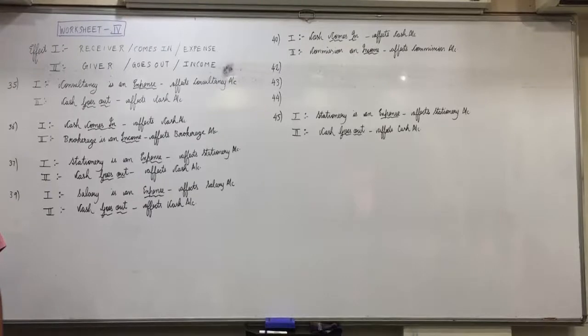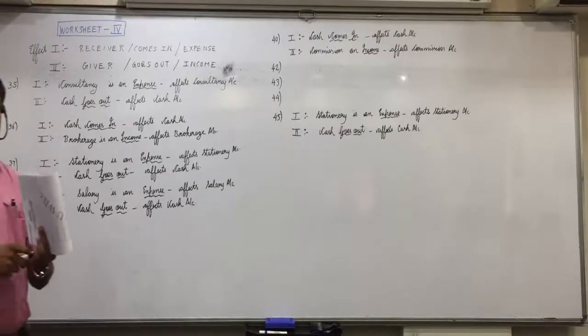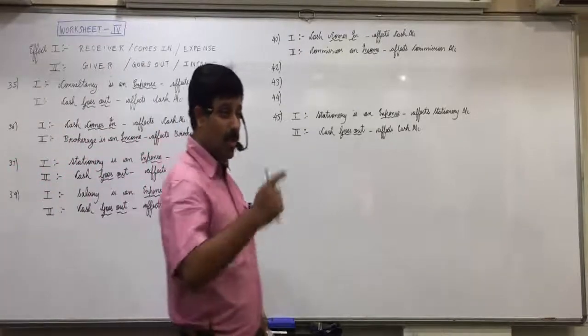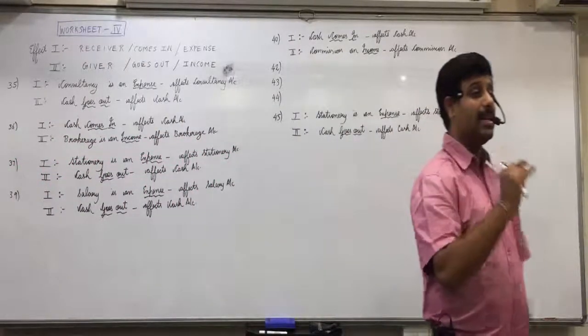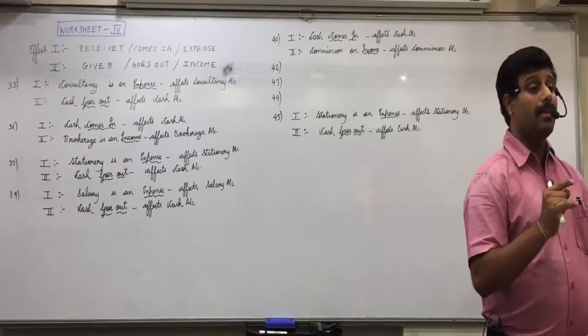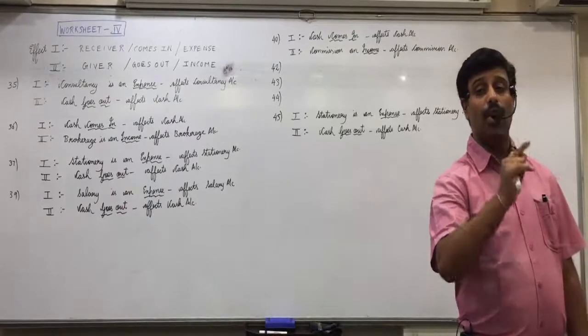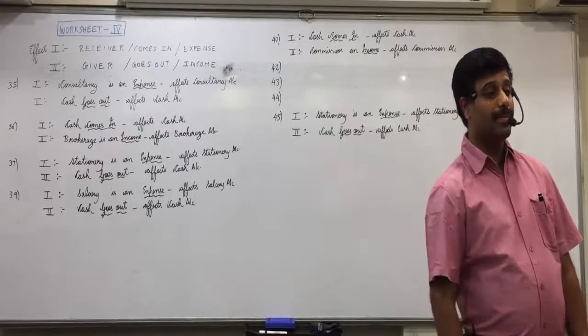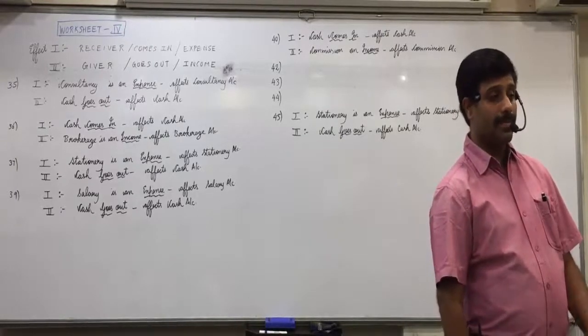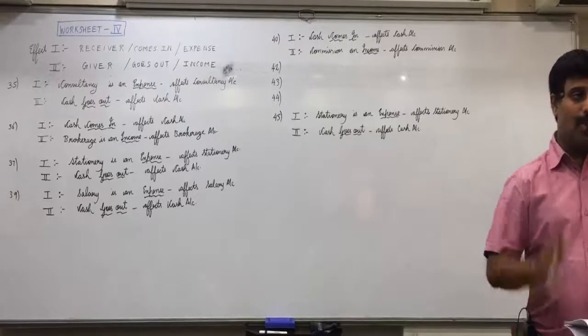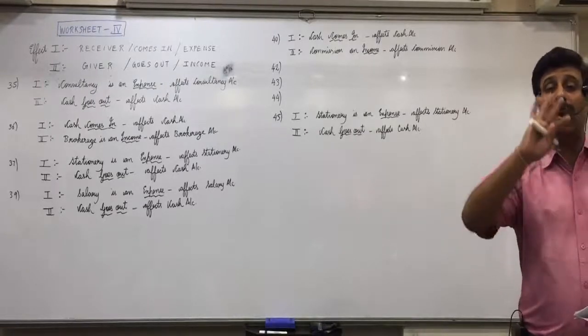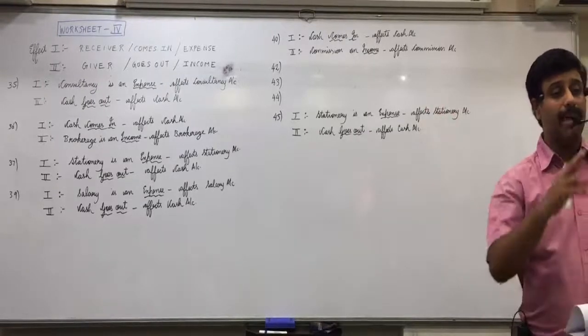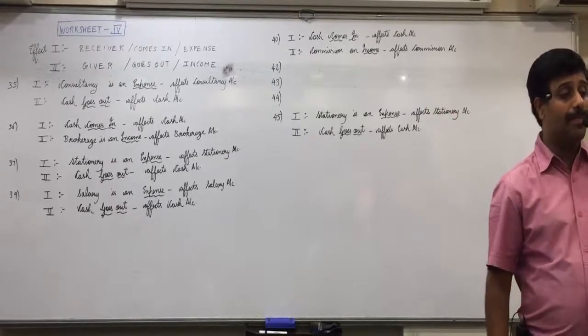Next, raise your hand. Paid salary to Munim, rupees 5,000. Munim is the receiver. Just now what did I say? In expense and income transactions, the name of the person will not be recorded. Now, who is the receiver? Munim is the receiver, but we will not write it. Second question, what comes in?